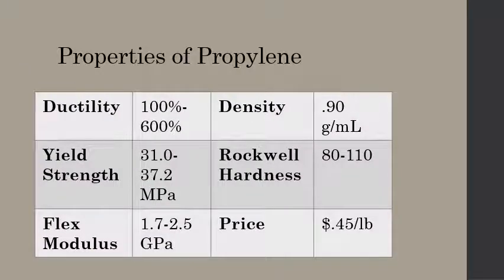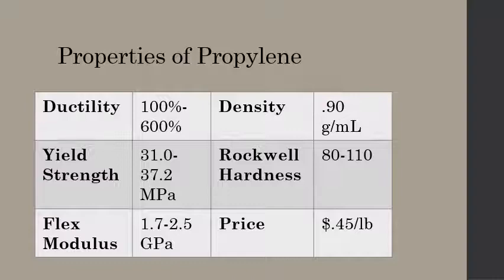Polypropylene can endure a lot of stress before it fails, and it has a ductility of 100 to 600%, and it has a yield strength of 31 to 37.2 megapascals. The modulus of elasticity, while in flux, is between 1.7 to 2.5 gigapascals. Polypropylene typically has a Rockwell hardness of anywhere from 800 to 110.